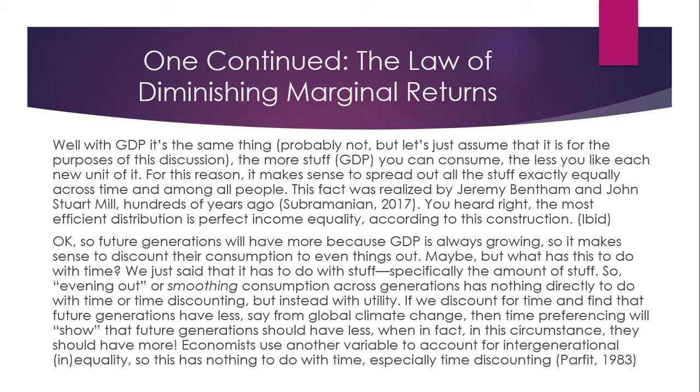A little footnote from this is that if we're so worried about smoothing all consumption across time, why aren't we worried about doing it across space? There's no difference. These economists do not spend a lot of time telling us that we need to take all of our income and divide it equally throughout the world.